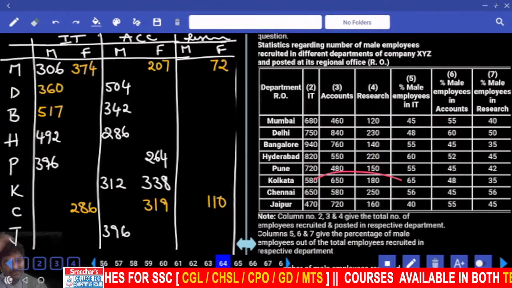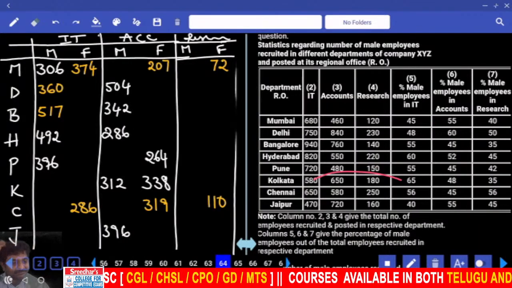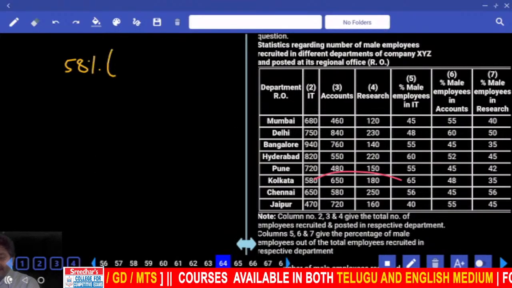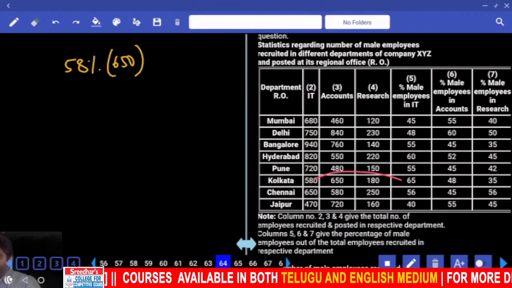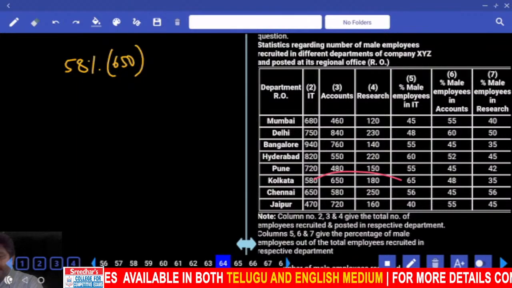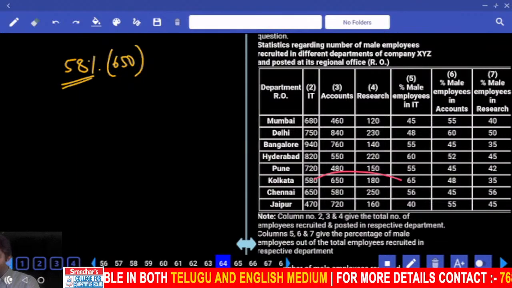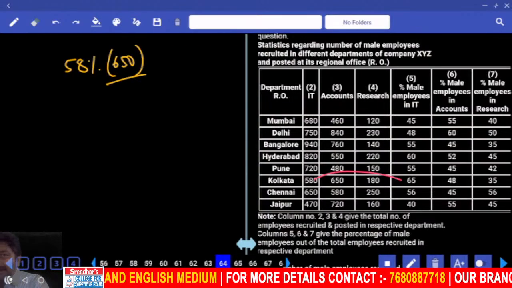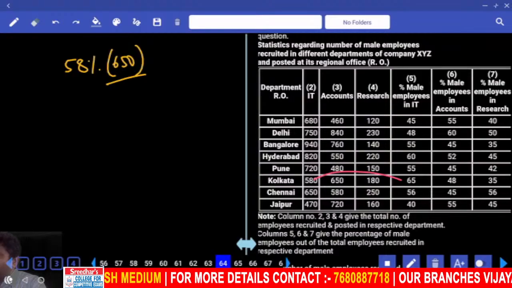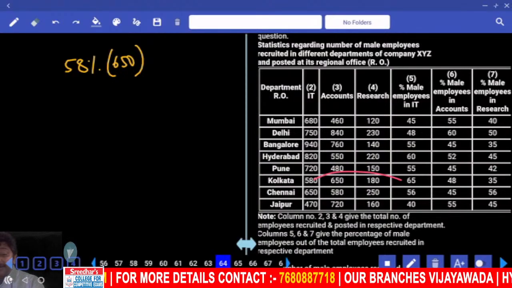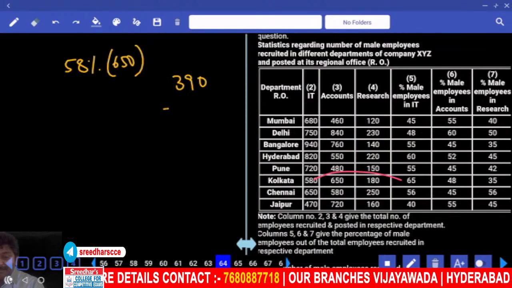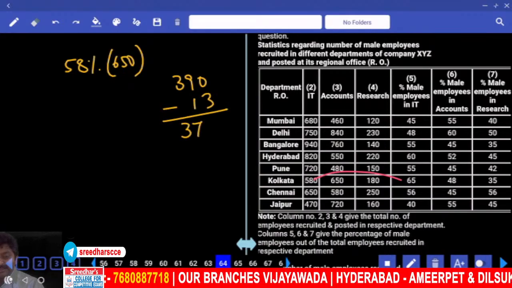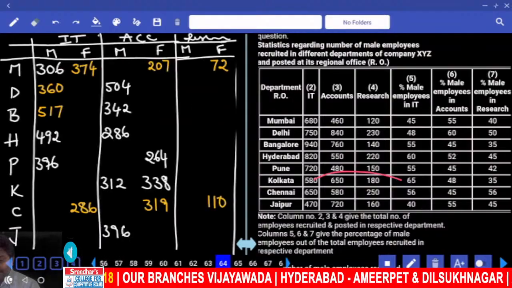65% of 580 or 58% of 650. Yes. I'll treat it as 60% minus 2%. 60%: 10% is 65, double 130, triple 390, minus 2%, 13, 377.